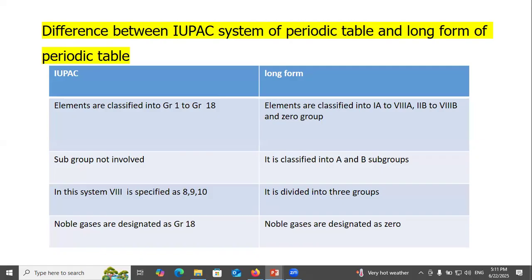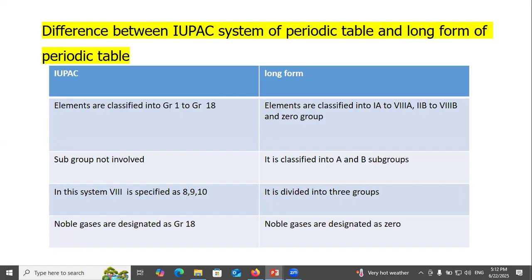Difference between the IUPAC system of the periodic table and the long form of the periodic table. In the IUPAC system, elements are classified into group first to group 18. In the long form, elements are classified into first A to third A, second B to third B, and zero group. Subgroups are not involved in the IUPAC system.